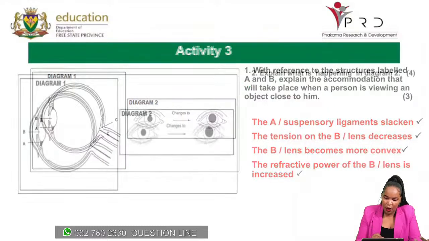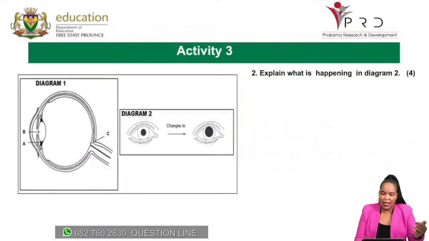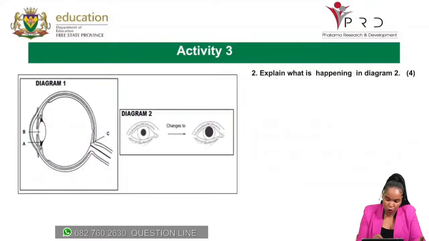So we've done a question like this for when the person is close. But I would like us to do the second part. It says, explain what is happening in diagram 2. So this is diagram 2. Initially, this is what the eye looked like from the start, and then it changes to this. So what is happening here?